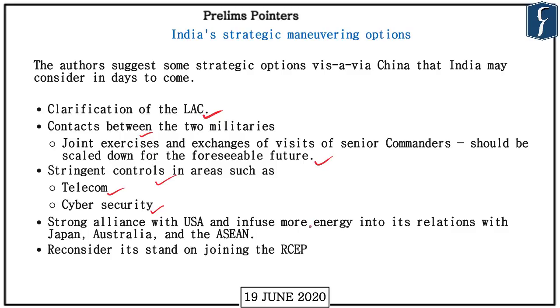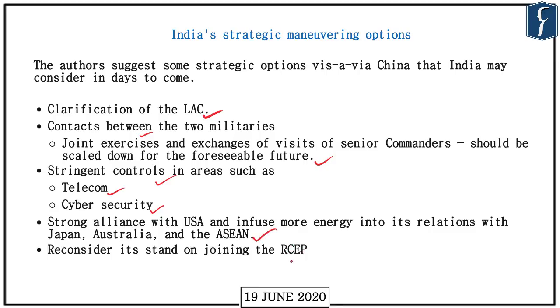And then finally, she talks about two measures which will ensure that India is not left alone in its fight against China. Now, according to her, this is also an opportunity for India to align its interests much more strongly and unequivocally with the US as a principal strategic partner and infuse more energy into its relations with Japan, Australia, and ASEAN countries.